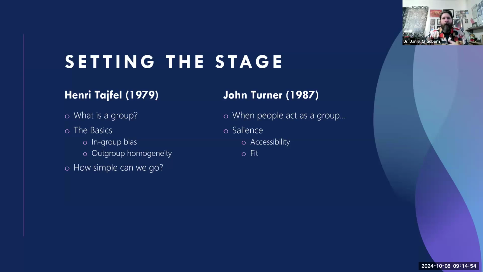That's going to boost identity, boost your likelihood to behave like a group member. And then also fit. How well do you see yourself as a member of the group? How well do you fit into that group itself?